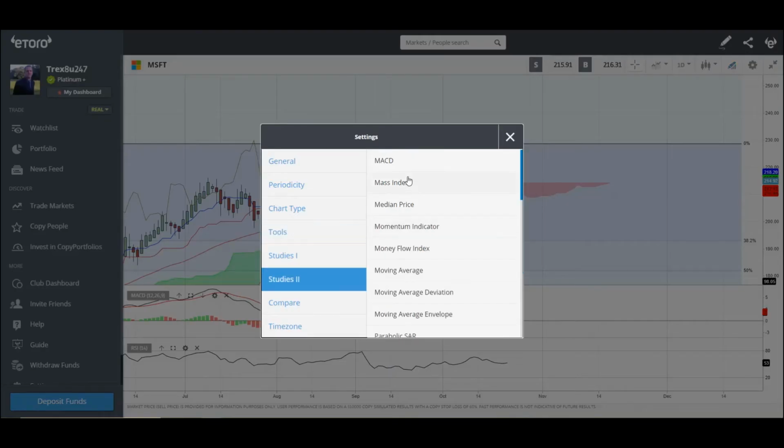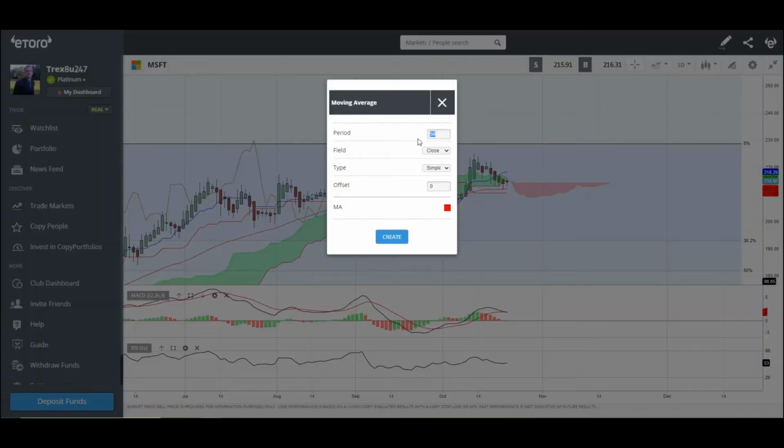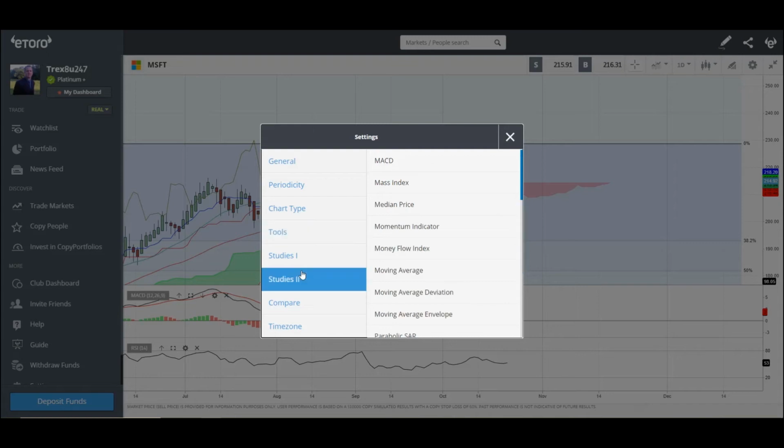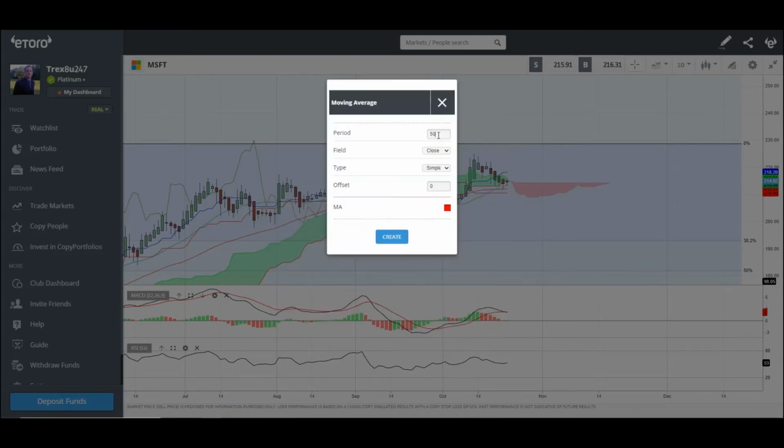What I'm doing here is just checking the trend. It's a very, very old and simple technique. You add some moving averages of different levels. Normally it's about 20, 50, and 120.